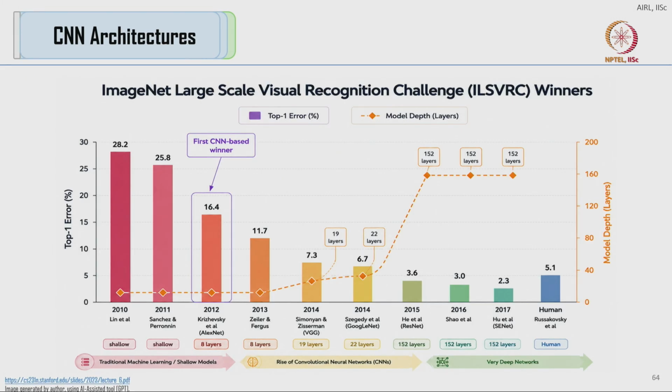Now let us take a look at this challenge's winners over various years. In the early 2010s till 2012, we had very traditional machine learning algorithms or else shallow models. From 2013 to 2014, there was the rise of CNNs, using different types of visualization and different tools.